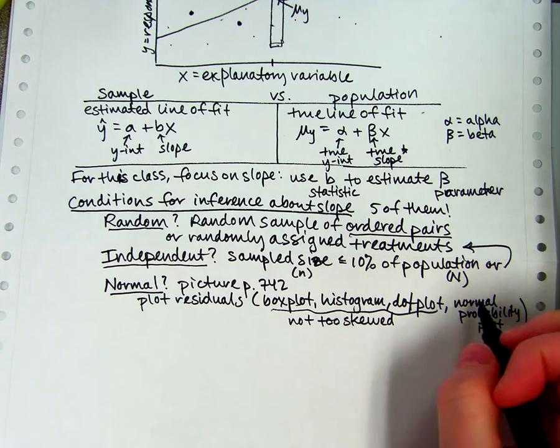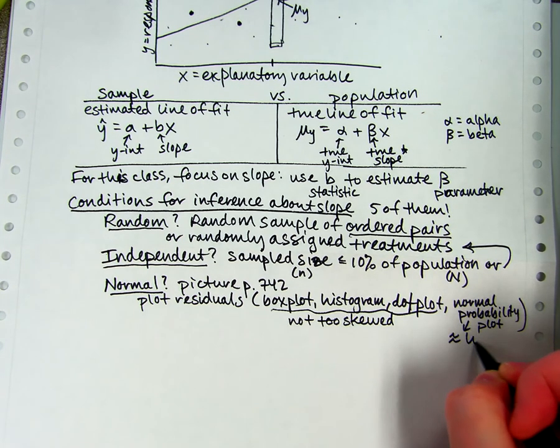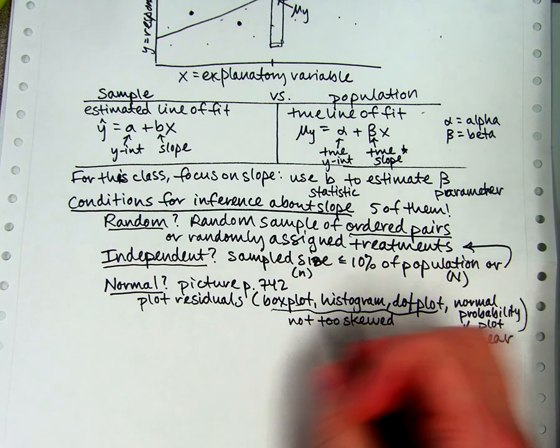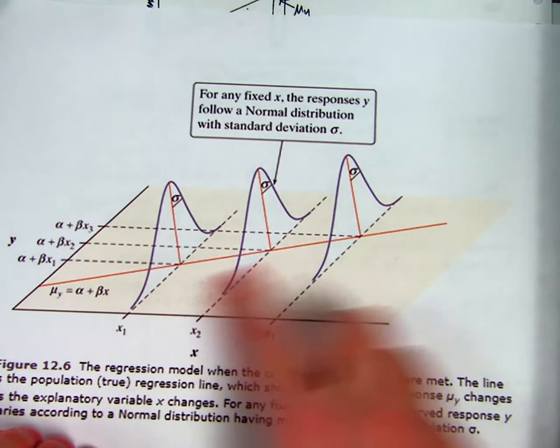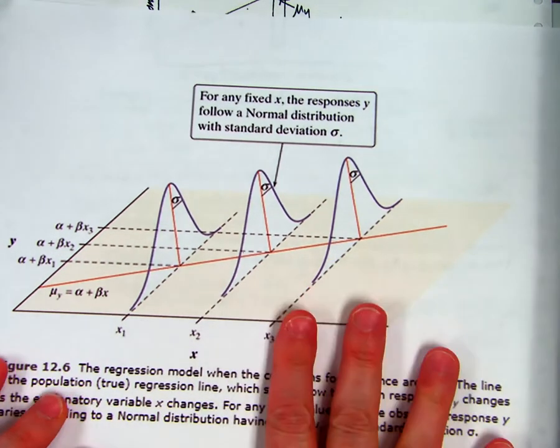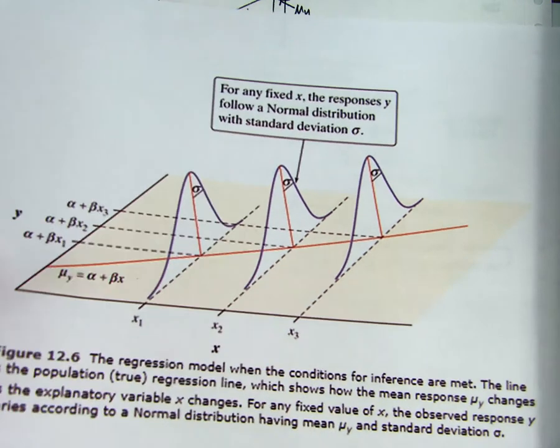And if we're looking at a normal probability plot, remember, we're looking to see if those are approximately linear. So you can check it by any of these methods, but we're looking to see if our residuals fit the idea in our mind, which is this. So this is like a picture that should be in your mind, but you're not going to try and draw that because it's like a three-dimensional weird thing.